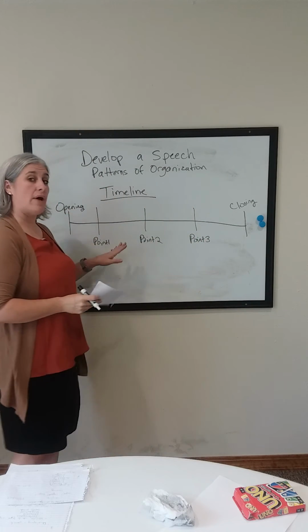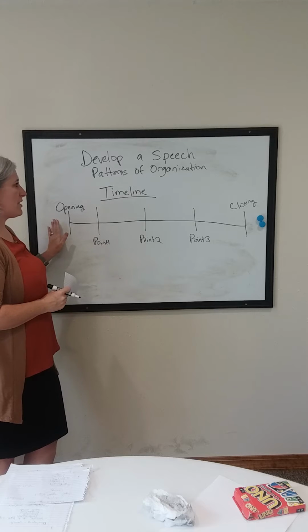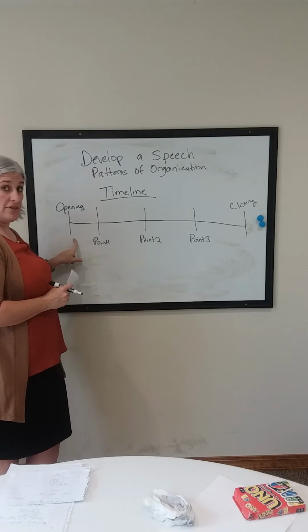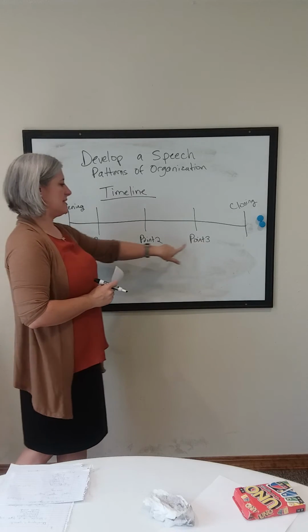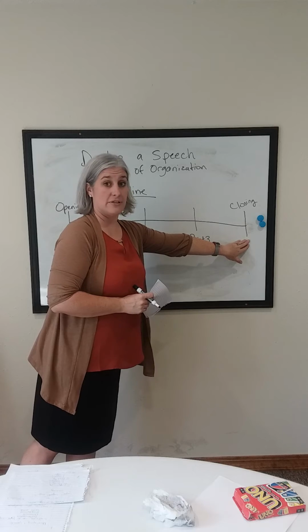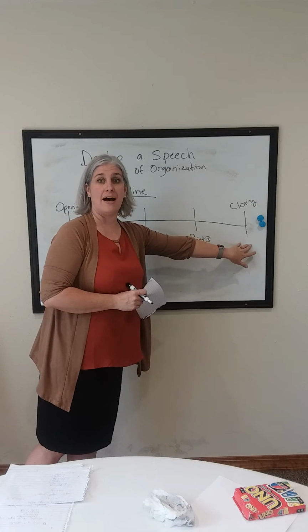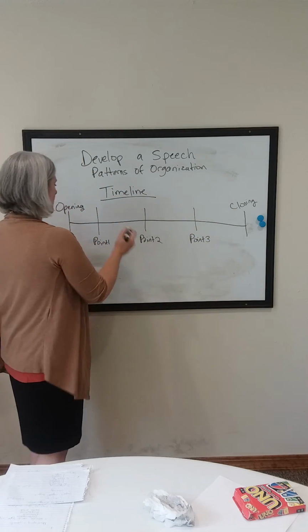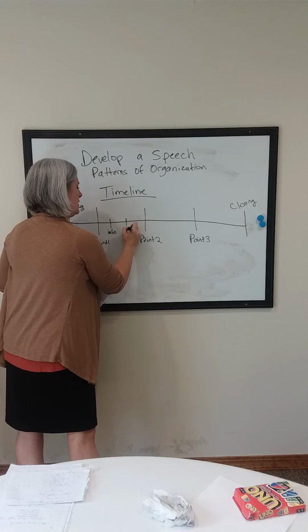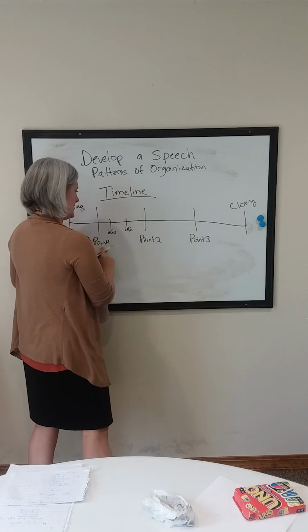Now this works very well for a biographical speech because typically you're going to start out with birth, things that the person did or things that happened to them, and then their death or the present time if they're still alive. But then you can have little ones here with extra info about this point.